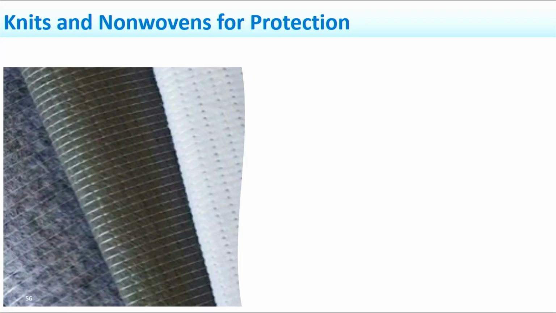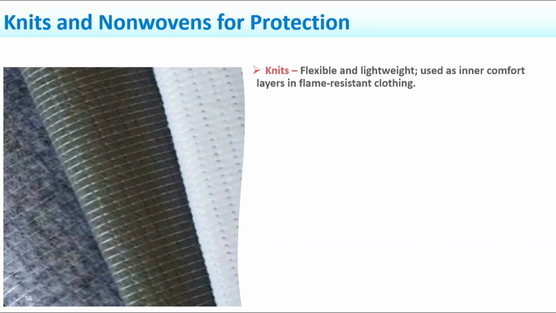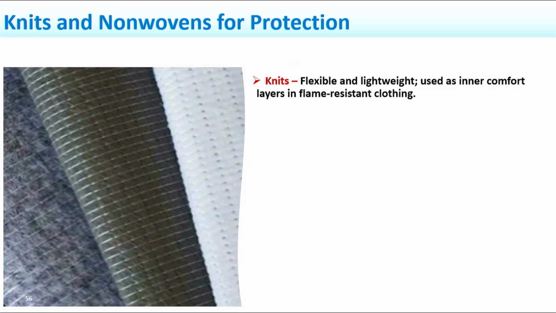Knits and nonwovens are also used for fire protection sometimes. Knits are flexible and lightweight, and used basically for the inner layer for comfort in flame resistant clothing. In the inner layer we need higher body movement and flexibility.